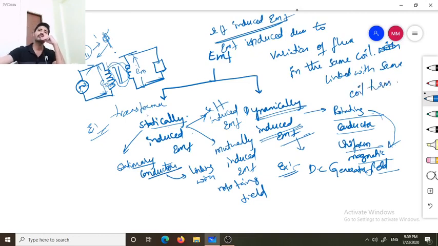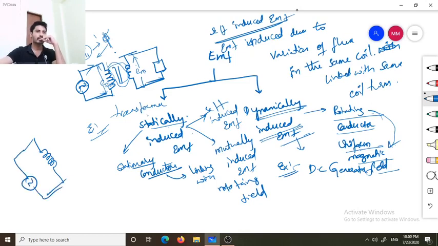That means the flux which is produced by the coil is again linking with the same coil. Suppose you have a single coil or winding, and you are giving it an alternating source.